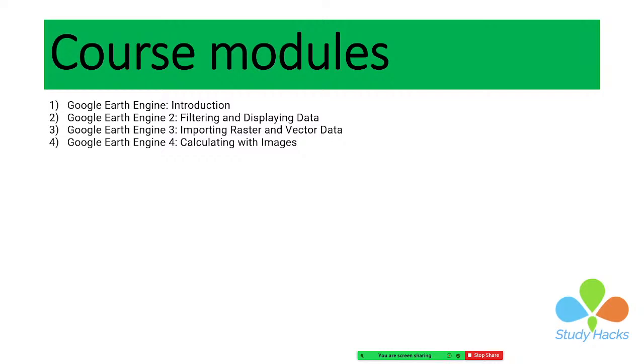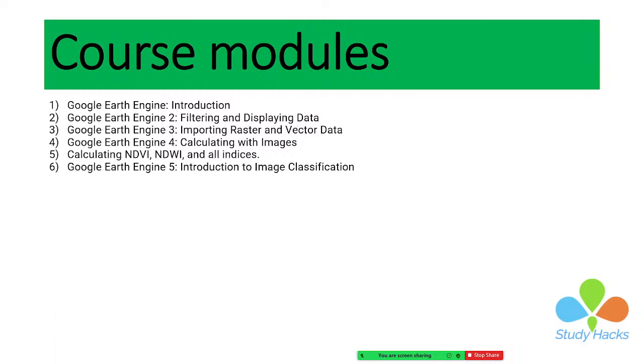For NDVI, you can put near infrared minus red, divided by near infrared plus red, then you can easily get the NDVI map result, and if you need the time series chart, that is also possible here. Then we also discuss calculating all of the indices.